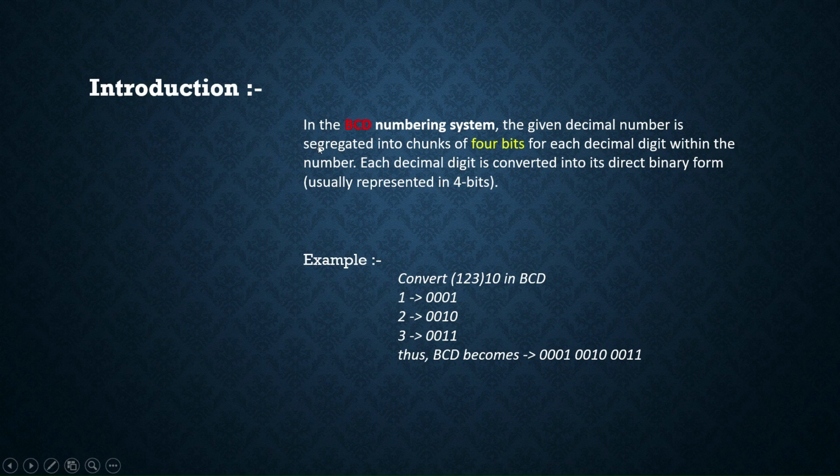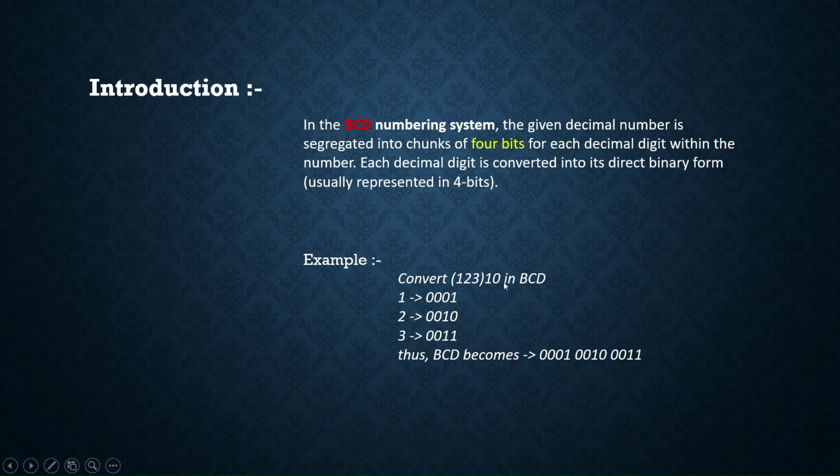In the BCD numbering system, the given decimal number is segregated into chunks of 4 bits. Means for each decimal digit, if we convert the decimal number to BCD code, it will be segregated into chunks of 4 bits.